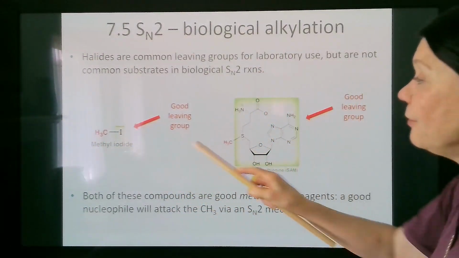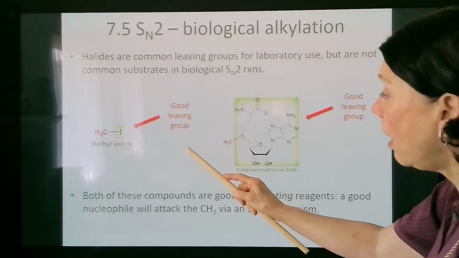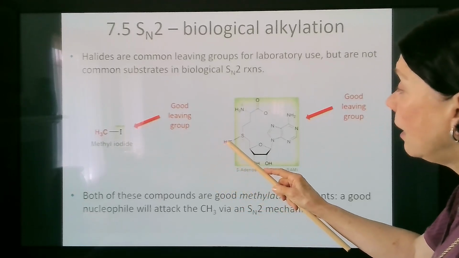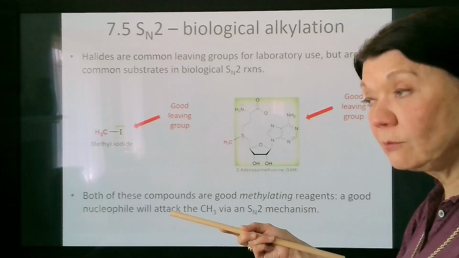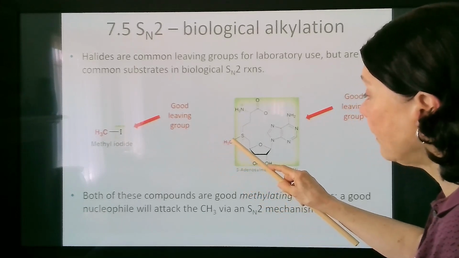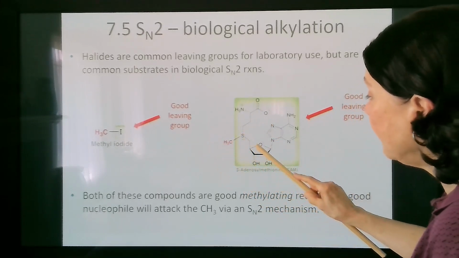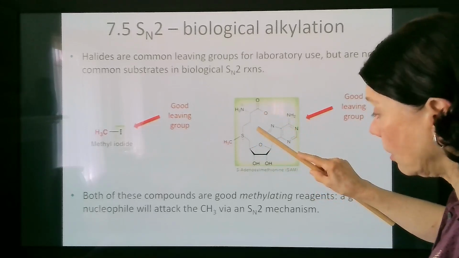This is similar to methyl iodide in that when the nucleophile or the biological molecule comes in, a pair of electrons on one of the atoms in that biological molecule can do an SN2 attack on methyl, and this molecule becomes the leaving group and will depart.